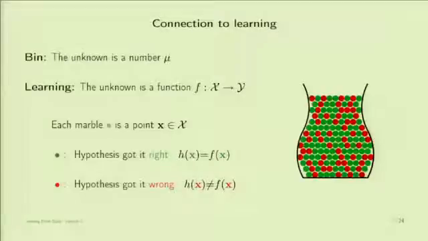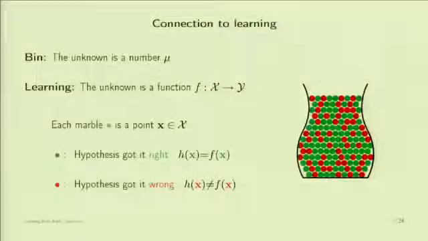You color the point red if your hypothesis got the answer wrong. So now I am collapsing the entire thing into just agreement or disagreement between your hypothesis and the target function. And that's how you get to color the bin. Because of that, you have a mapping for every point, whether it's green or red, according to this rule.